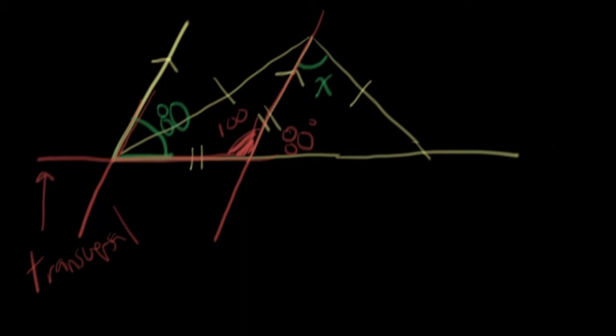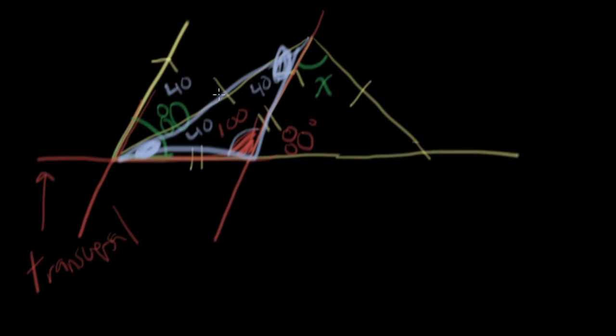If this is 100 degrees, and this is an isosceles triangle, this one right here, that means this angle and this angle must be the same. So they have to be 80 degrees altogether, so they'll each be 40, using the power of isosceles triangles. So if this is 40, then the other piece over here is also going to be 40.